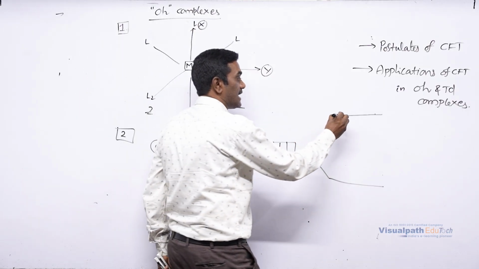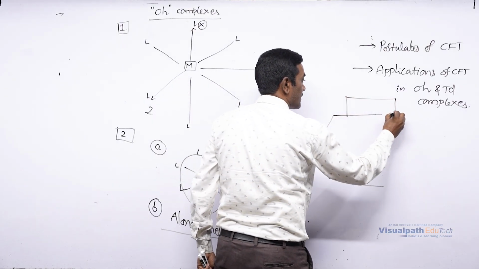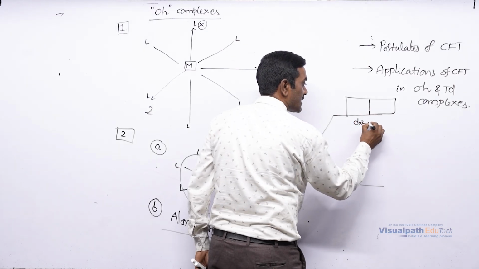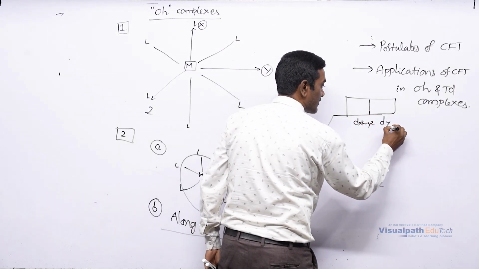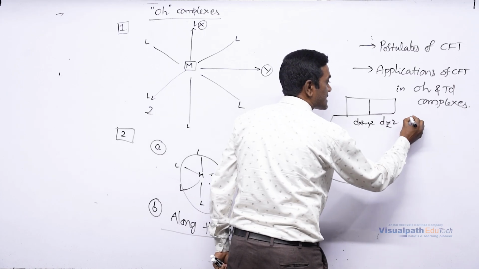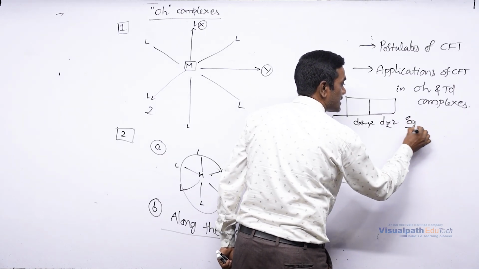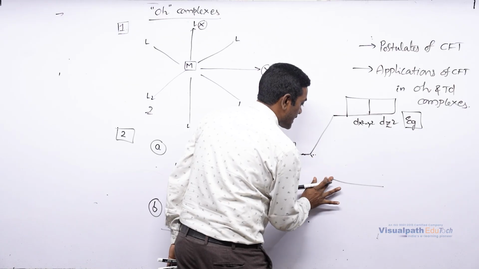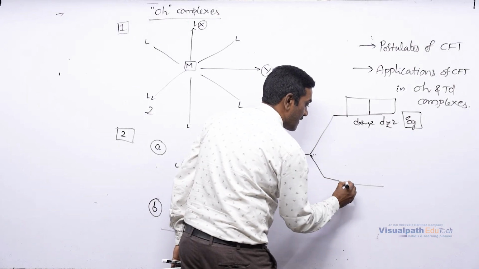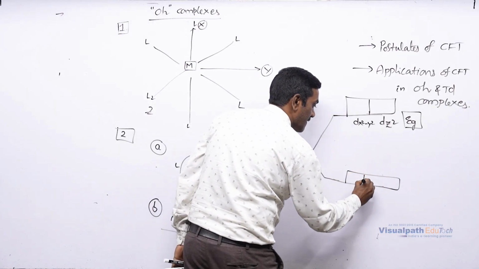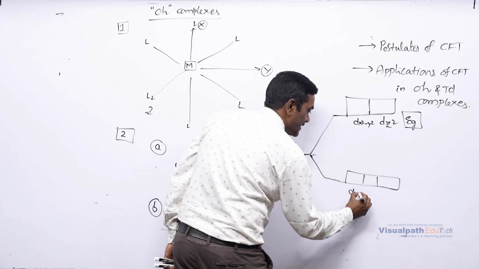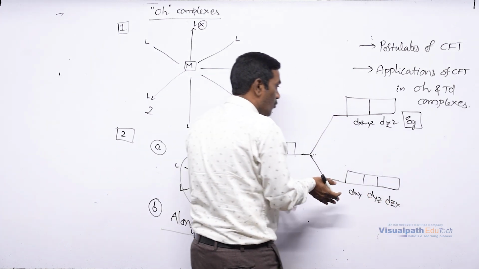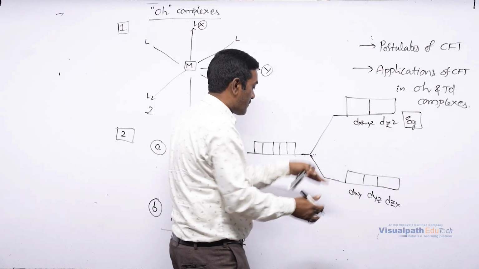That means the higher energy level is dx square minus y square and dz square. This is called eg. This eg symbol I will explain within a few minutes. Whereas here, we have dxy, dyz, dzx.